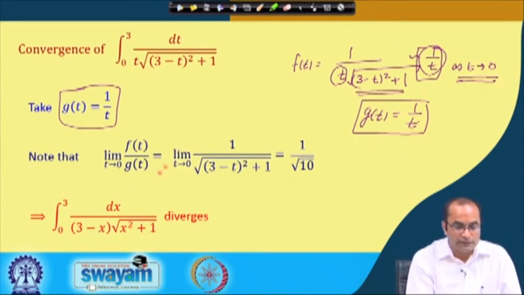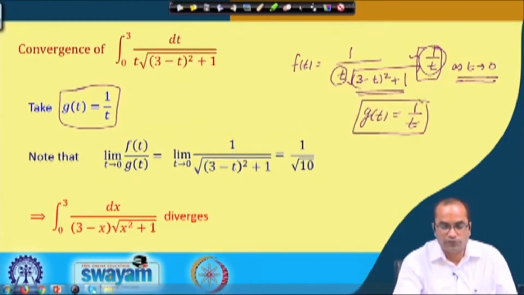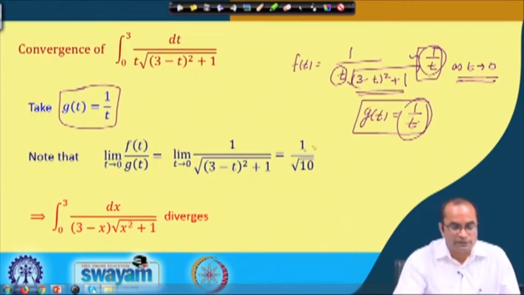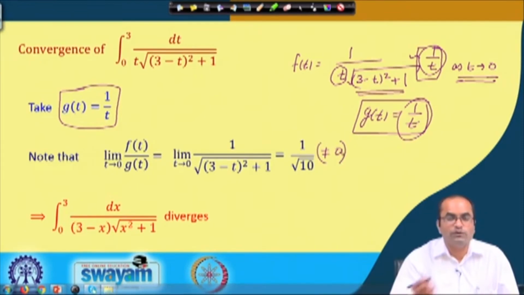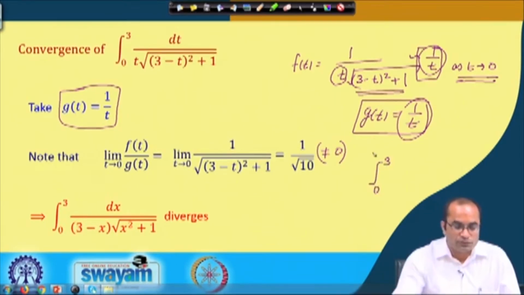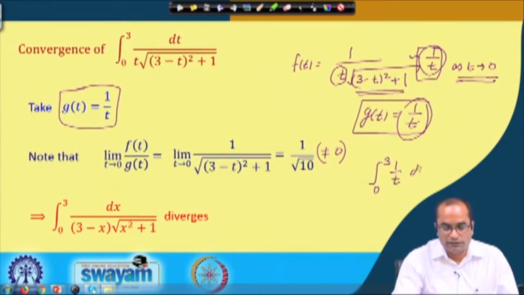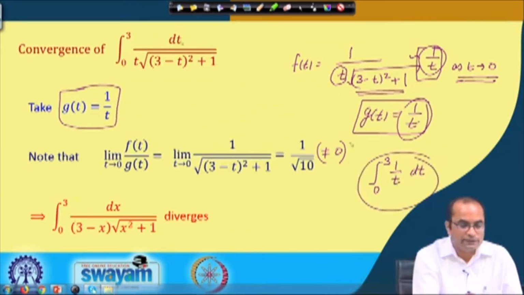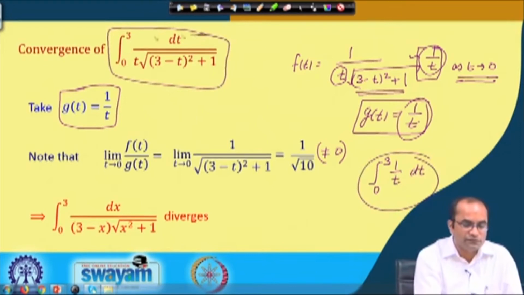This is because we are comparing with the integral of g(t), and the test says that when the limit is a non-zero number, both integrals behave the same way. One is the integral from 0 to 3 of 1 over t dt, and the other is the integral we are testing for convergence, originally in the form of x given by this function.